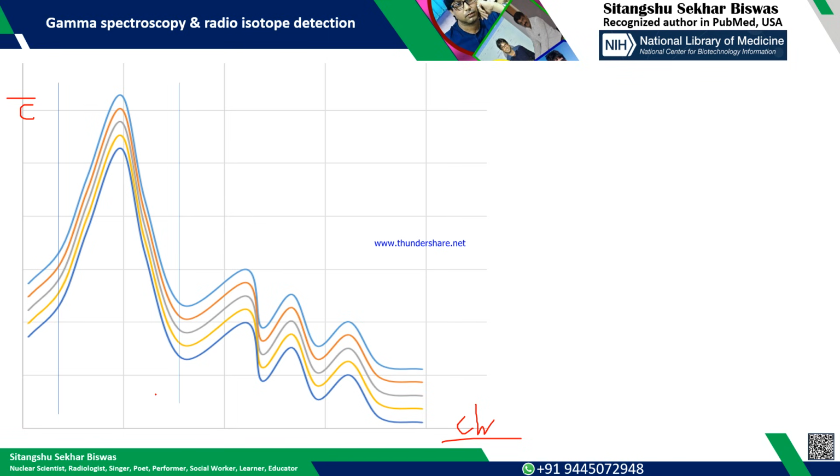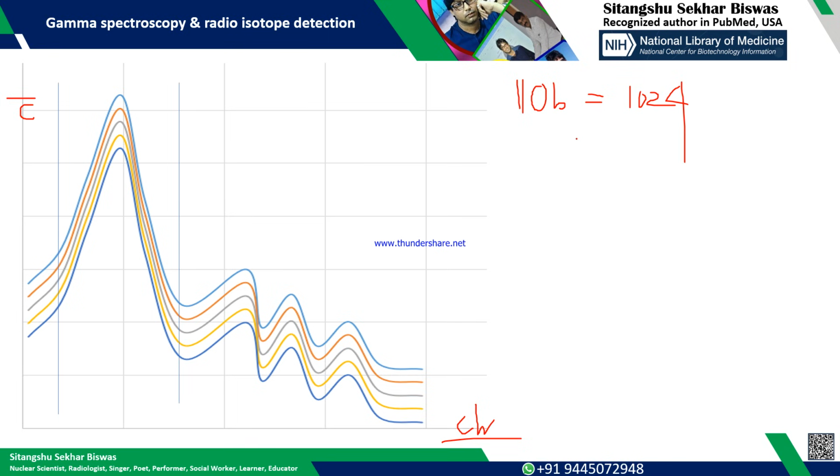Say the multi-channel analyzer is 10 bit. 10 bit means how many channels? 1024 channels, around 1000 channels.